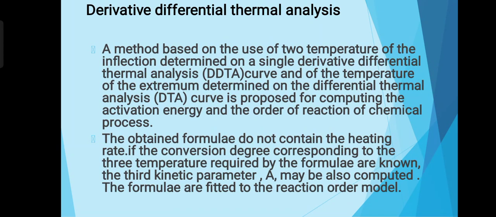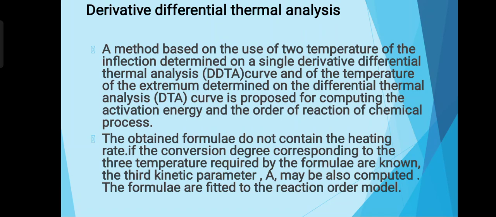Now see the last point, derivative differential thermal analysis. A method based on the use of two temperatures of inflection determined on a single derivative differential thermal analysis (DDTA) curve and of the temperature of the extremum determined on the differential thermal analysis (DTA) curve is proposed for computing the activation energy and the order of reaction of a chemical process.